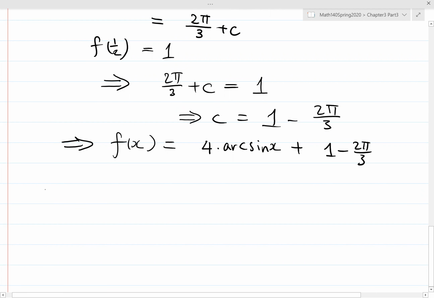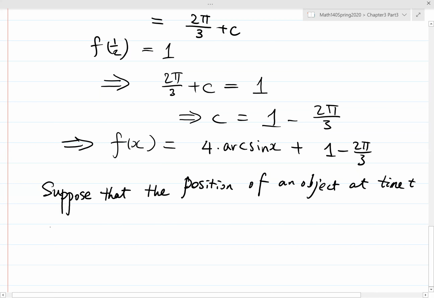Suppose that we are given the position function, the position of an object at time t, s is a function of t, s of t.